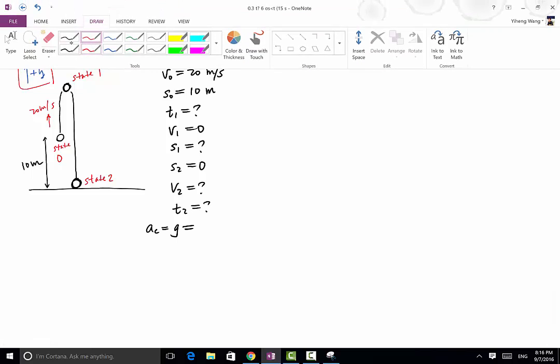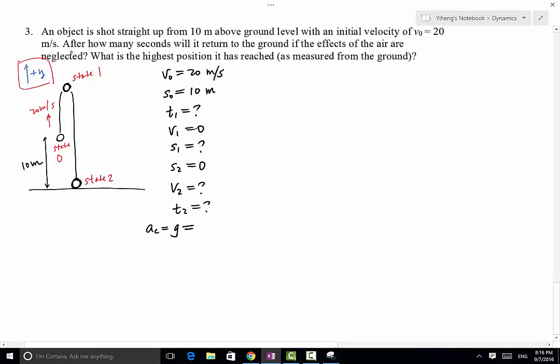Therefore, because acceleration is always straight down, that's going to be a negative 9.81 meters per second squared. So that's what we know and what we do not know. And what do we need to find out? We need to find out t2, which is the total time for the object to return back to the ground. And also we need to find out S1, which is the highest position.